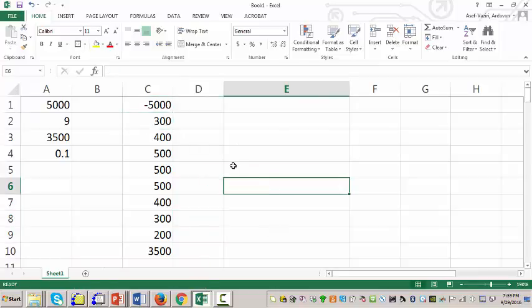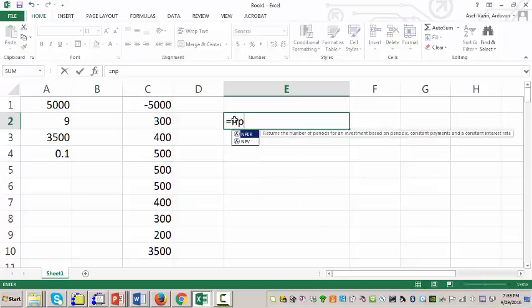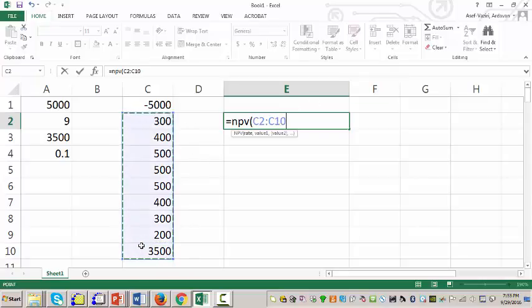Therefore, I will go here and type equal to net present value. Enter. It asks me, give me your numbers. I enter these numbers. It asks me, first, give me your interest rate. I enter this interest rate. And then it asks me, give me your numbers. And then I give these numbers.